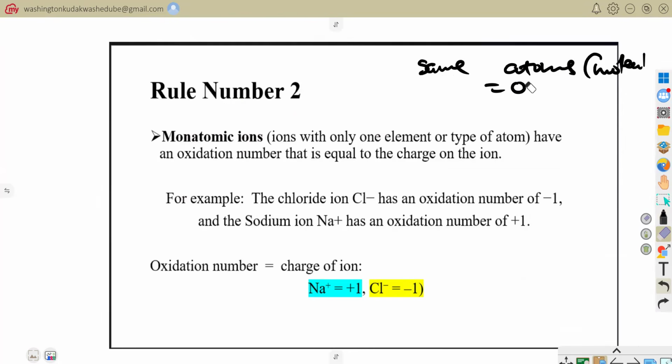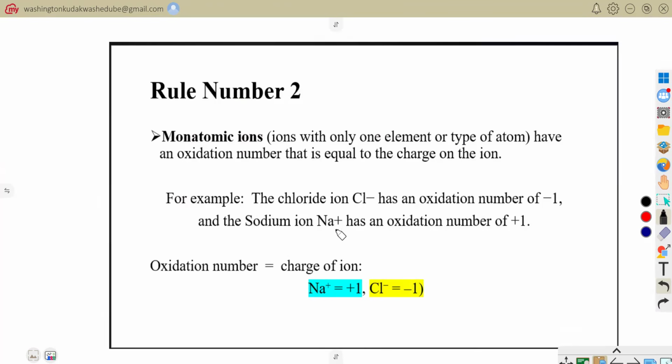But once we start having ions, what happens? Monoatomic ions, or ions with only one element or type of atom, have an oxidation number equal to the charge on the ion. So as long as you have charged ions, the oxidation number becomes equal to that charge.